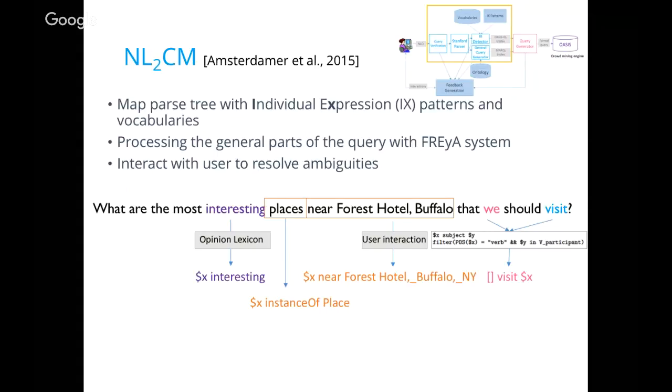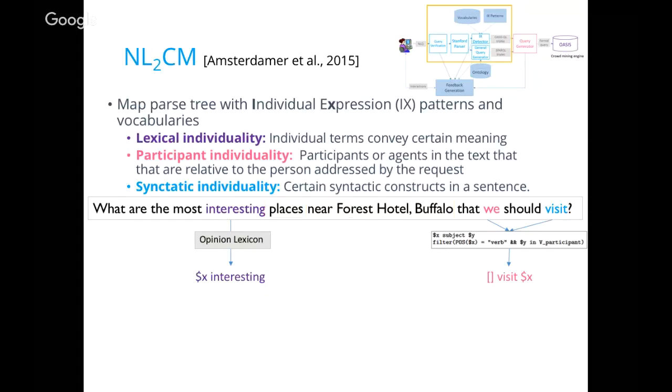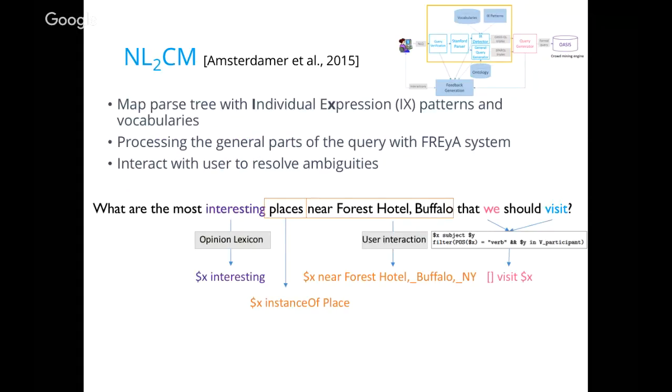Meanwhile, it is also processing. Remember it identifies all these individual expressions, right? Once we identify the individual expressions, there is a lot of text within the sentence that is not handled yet, because if we come back here, only two IX have been identified. Only this highlighted part has been identified. So the next step is to use the FAIR system that we have already described to handle the rest of the sentence.